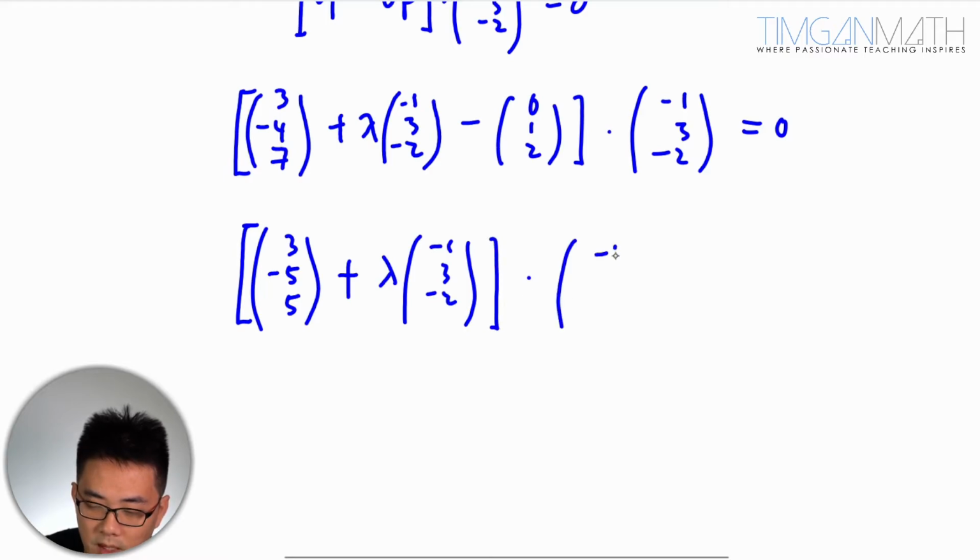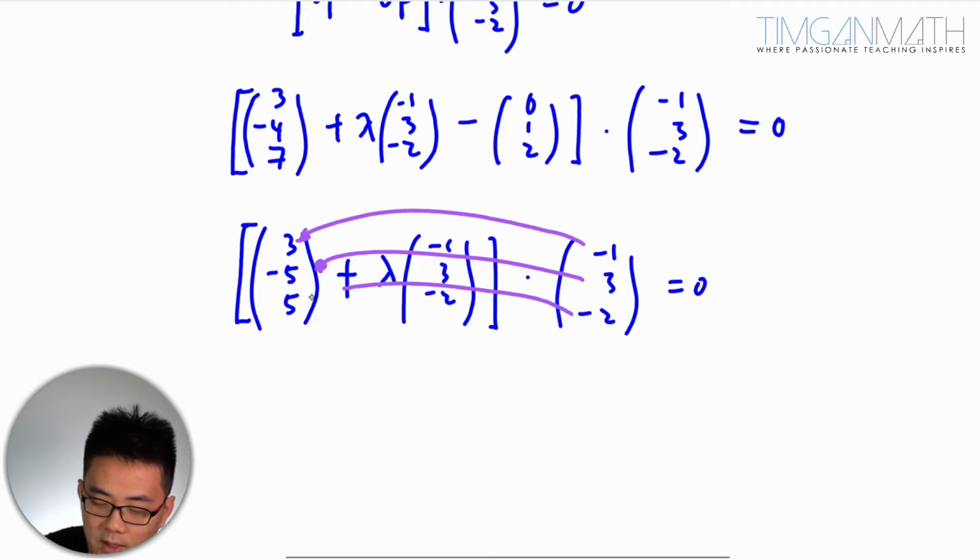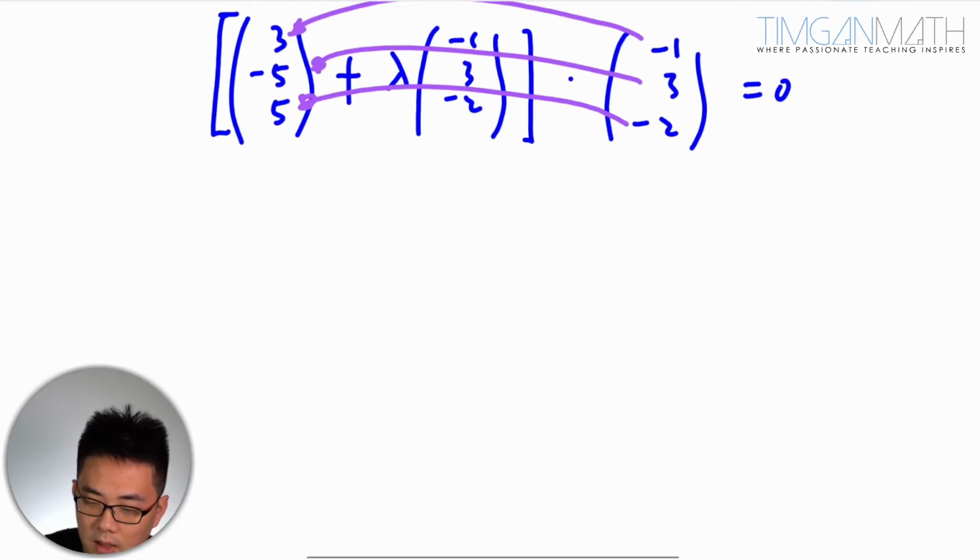Then I'm going to dot this up. Typically, this is how I dot it: this column vector dot with this. That gives negative 3 minus 15 minus 10.